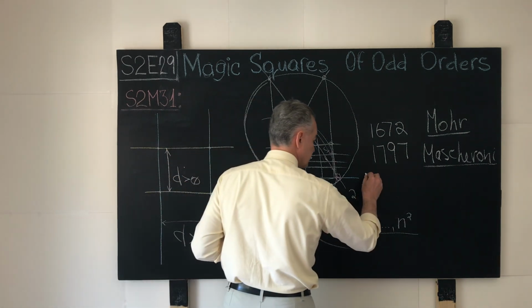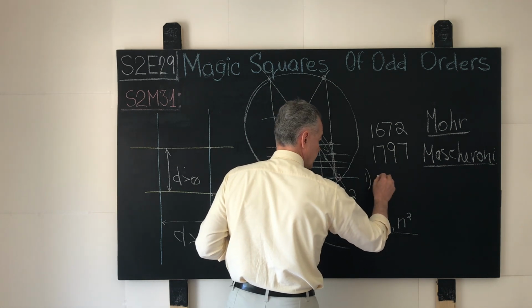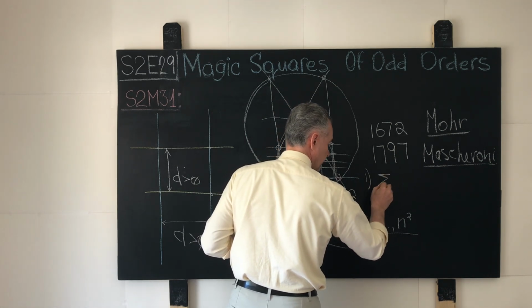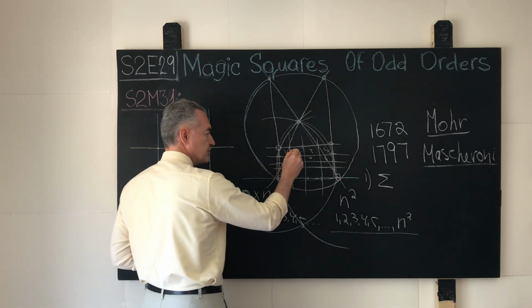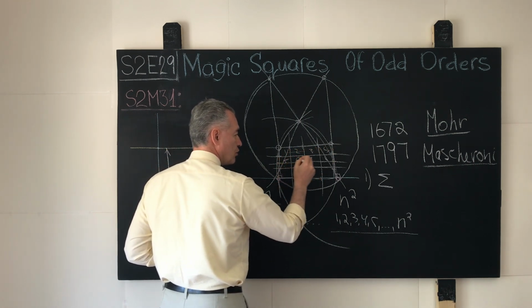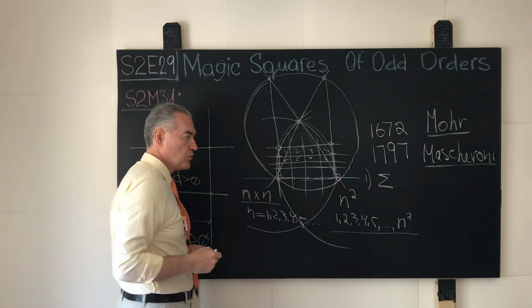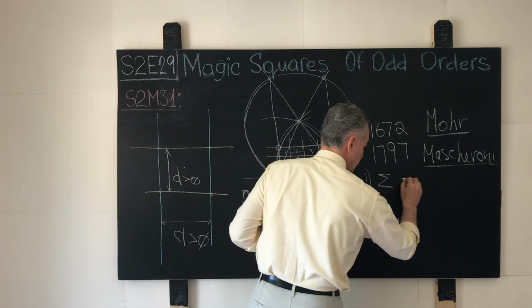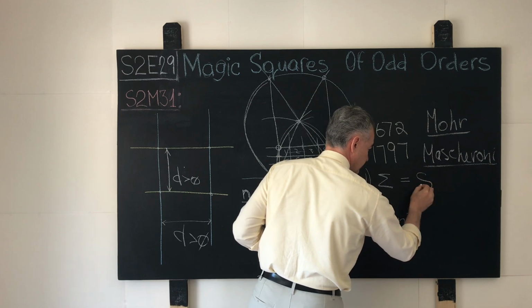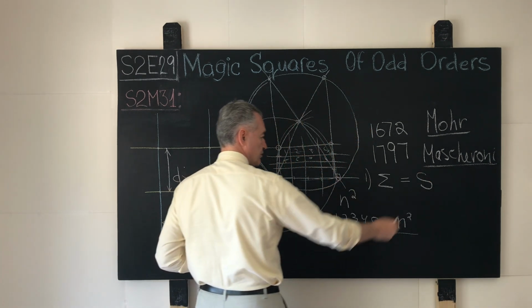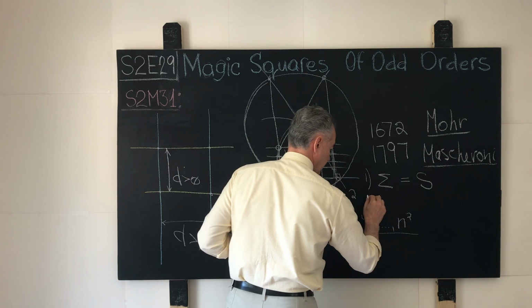Well, the first condition states that the sum of all the numbers in all n rows of a numeric square is one and the same number, s. That's condition number one. We'll just designate this number as s.